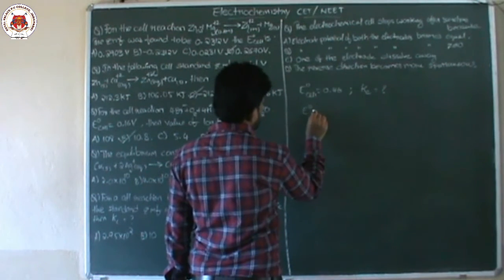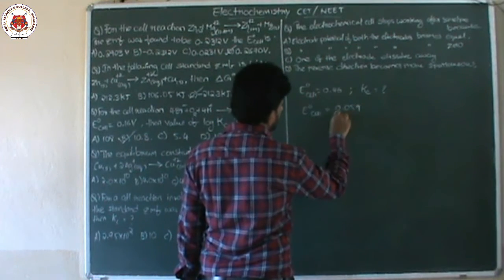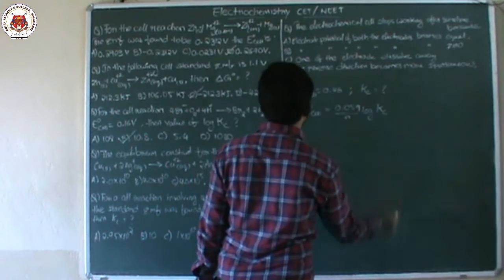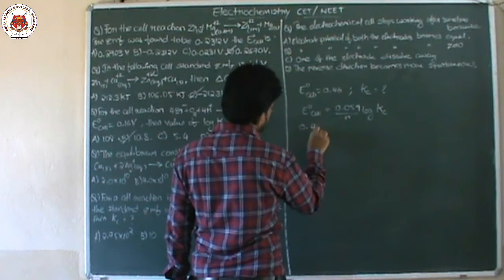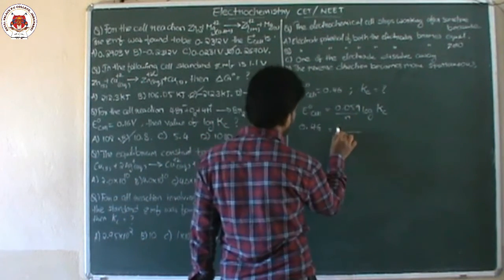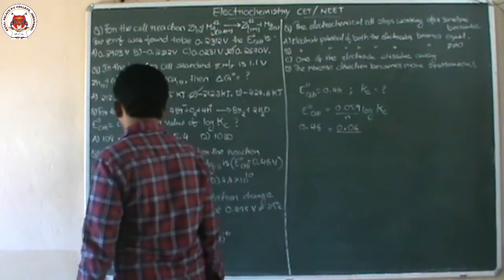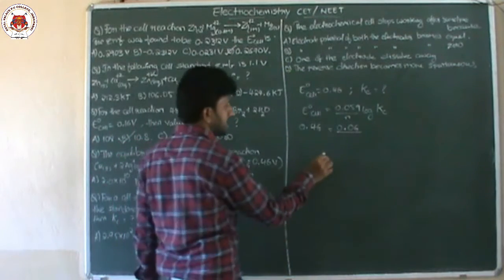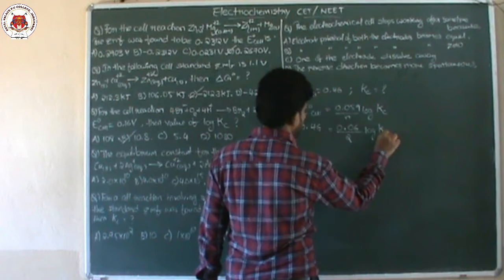Same relation: E naught cell is equal to 0.059 by n log Kc. E naught cell is given, 0.46 volts, is equal to, again I take this rounded off figure, 0.06 by n. What is the n value for this reaction? See here, copper is changing from Cu to Cu2 plus. So how many electrons again? 2 only. So 2 log Kc.